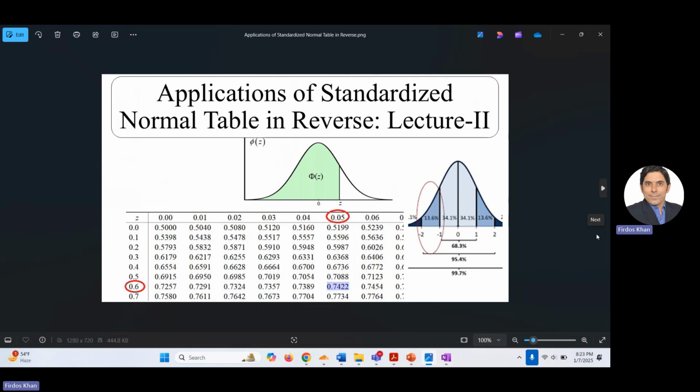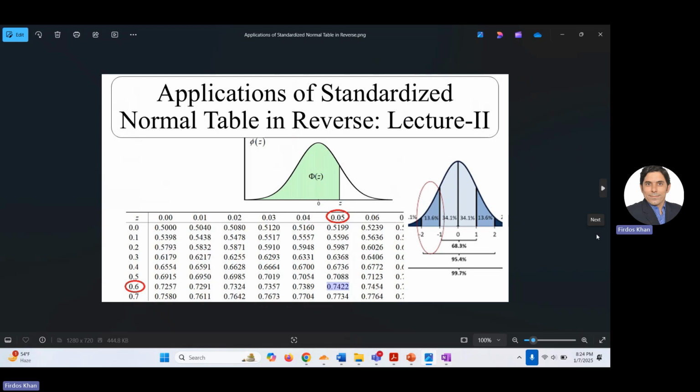But if the probability is given and you need to find the value of the random variable, that is the reverse application of the standardized normal table. I will do another example in which we need to find both limits, a variable between two limits, z1 naught and z2 naught, in the next video.